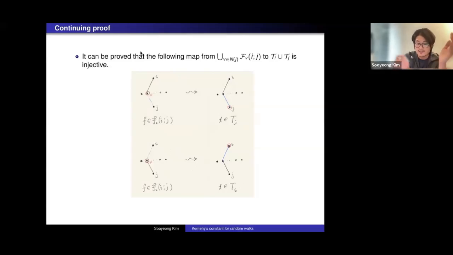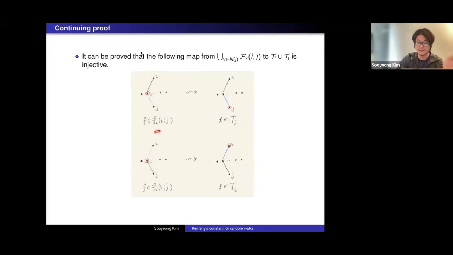So this is well defined in the sense that this v must be connected to I, sorry about that. And then in your spanning forest, v is connected to j, but not to I. So we can divide into two cases.